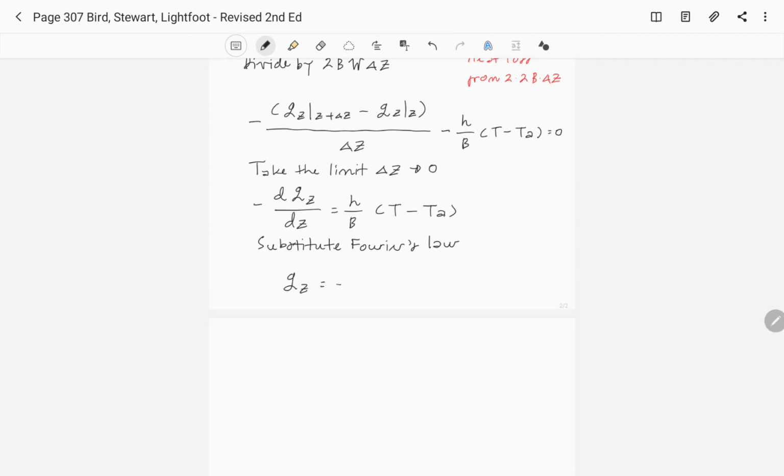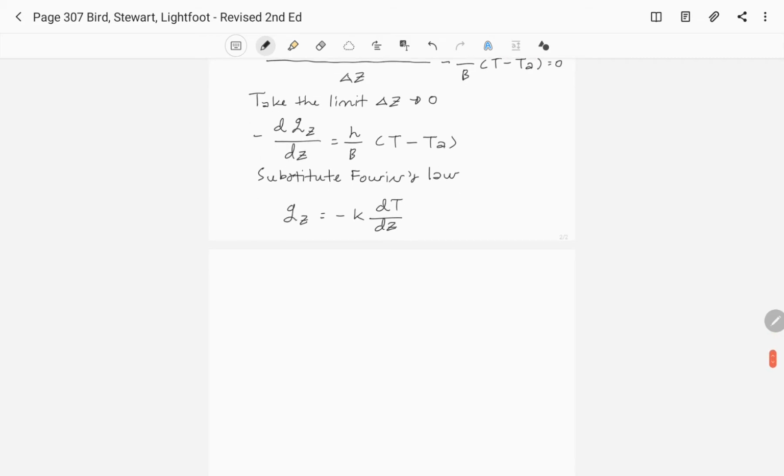Qz will be equal to minus K dT over dz, in which K is the thermal conductivity of the metal.